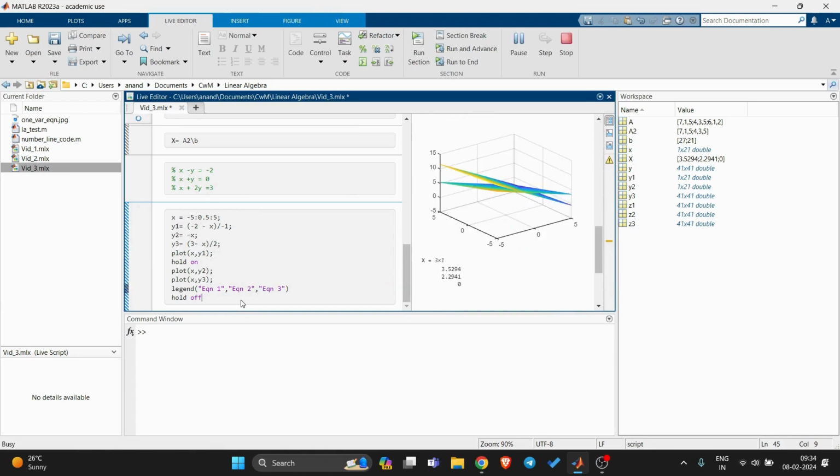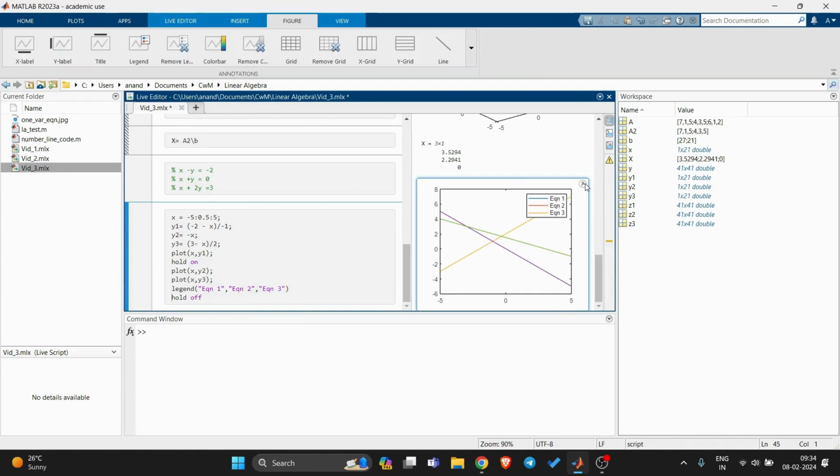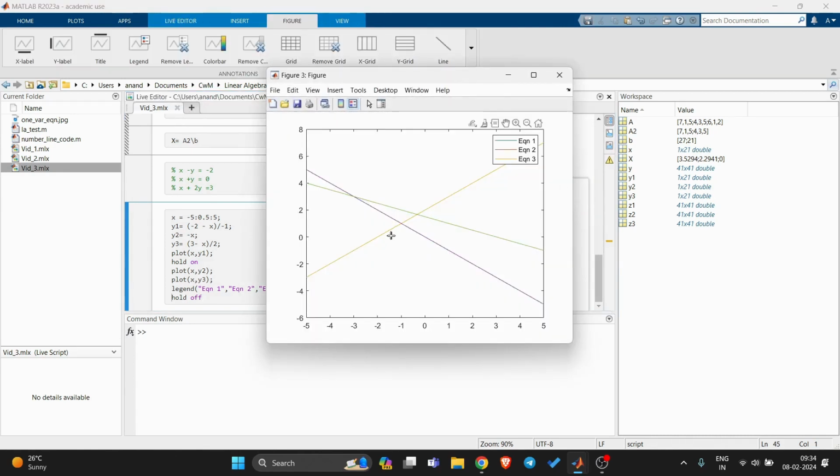Okay. So let me run this again and see. Yeah. So this is my system. And here it's very difficult to find a solution which satisfies all the three equations.